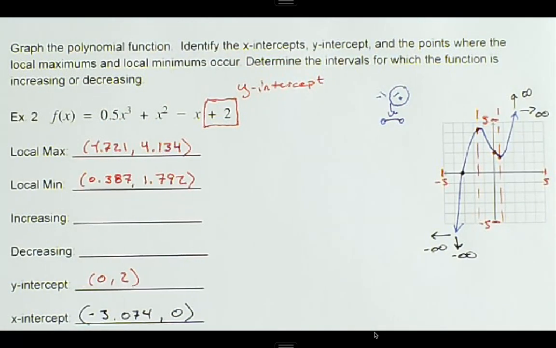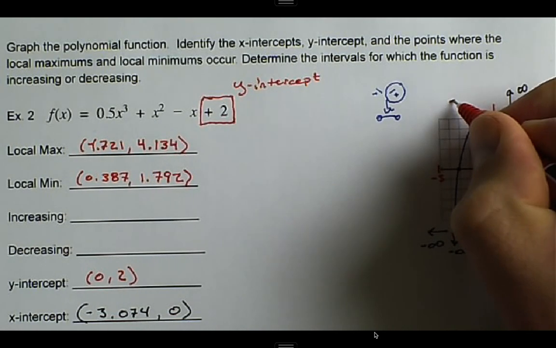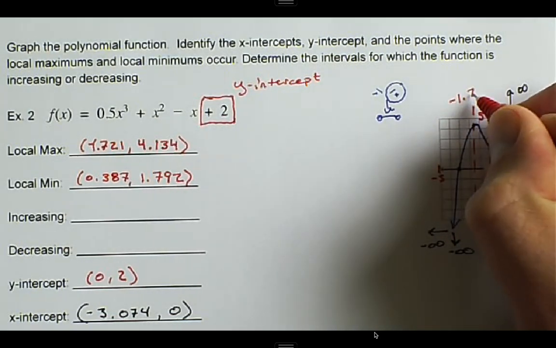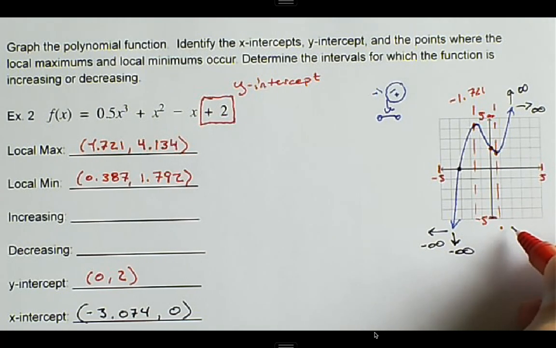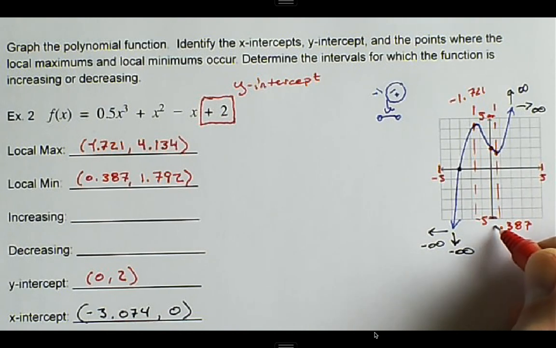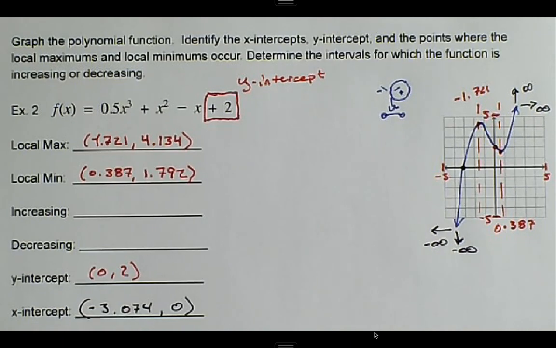Okay. The x value here is negative 1.721. And the x value here is 0.387. Okay, so when is it increasing? It starts at negative infinity.